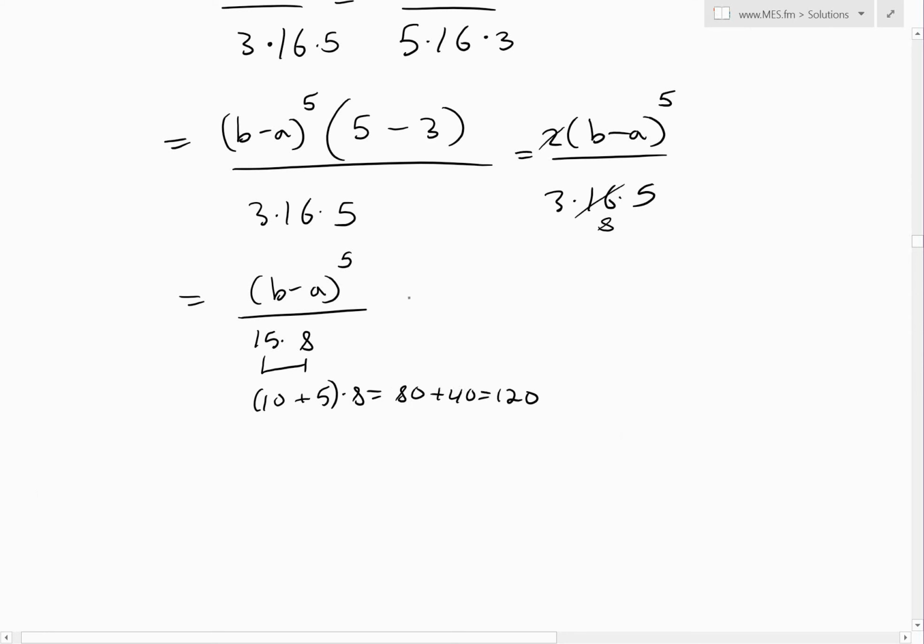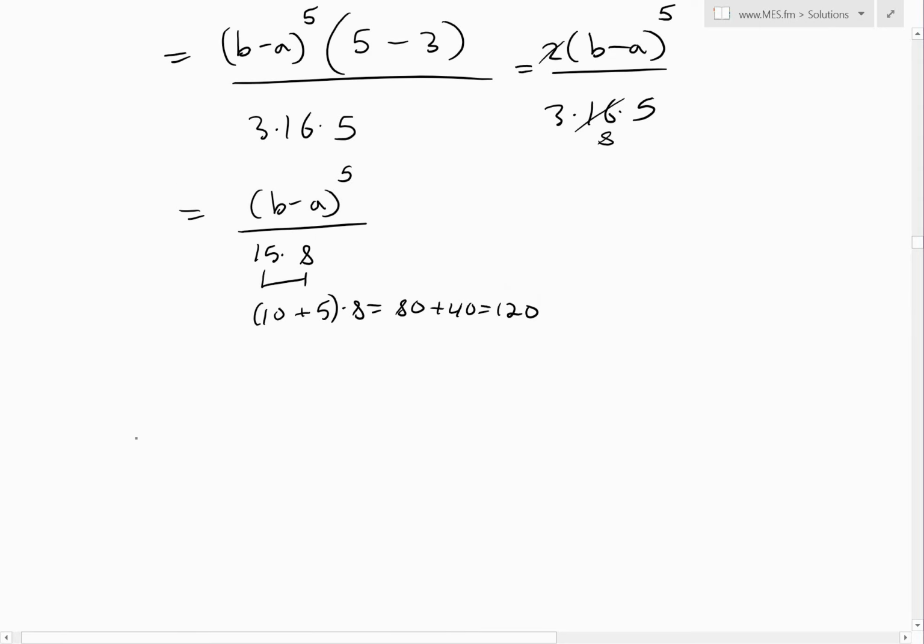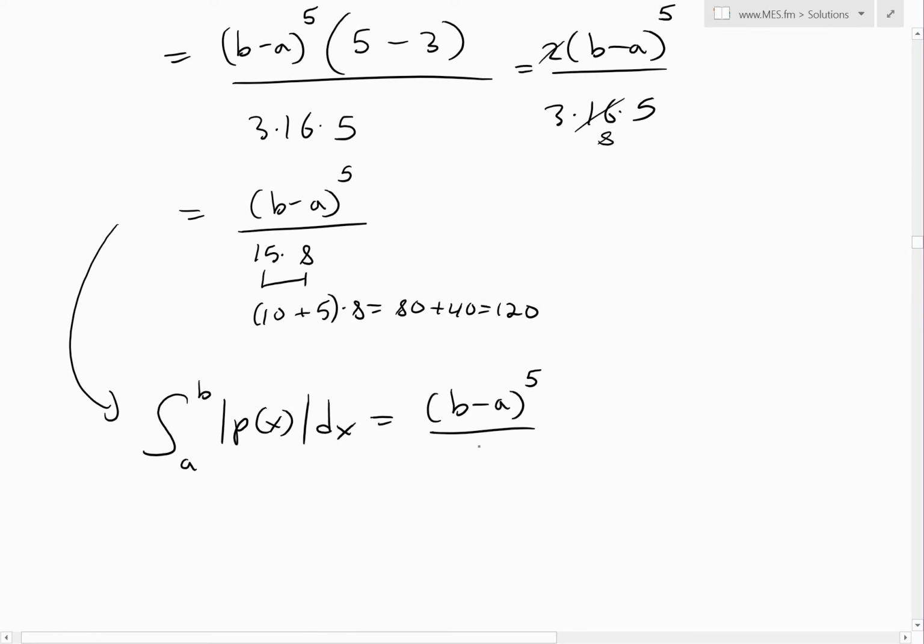So altogether, what we just solved is the integral from A to B of the absolute value of P of x dx equals B minus A to the 5 over 120.